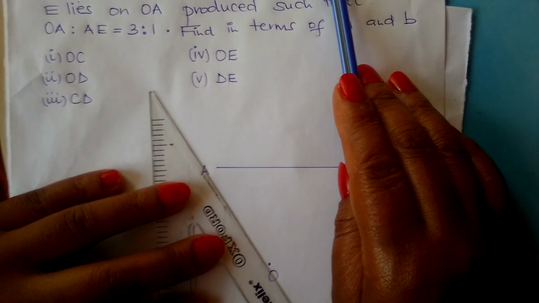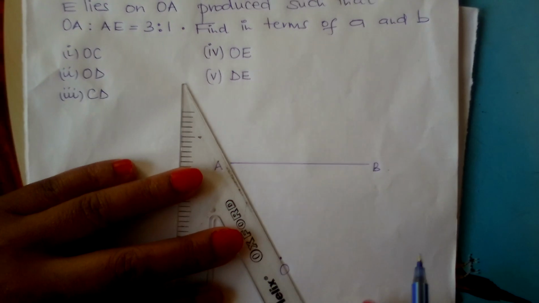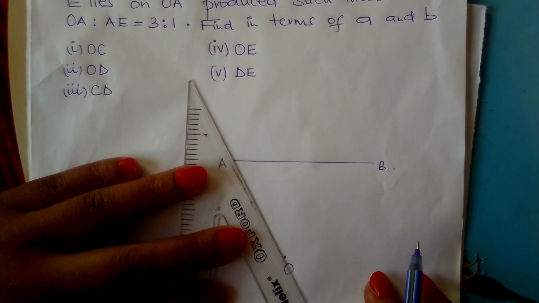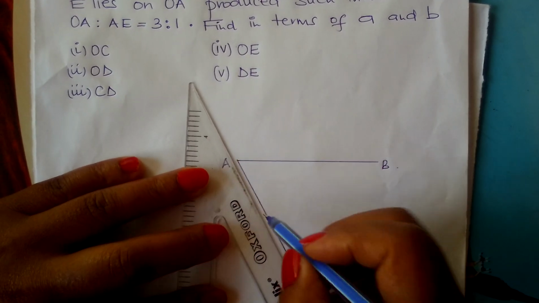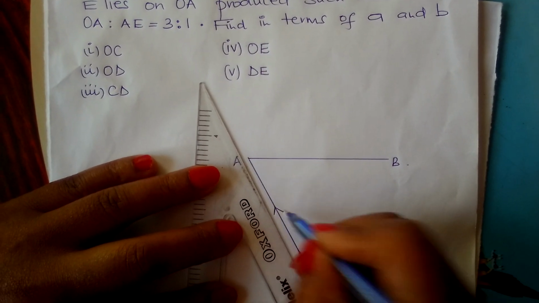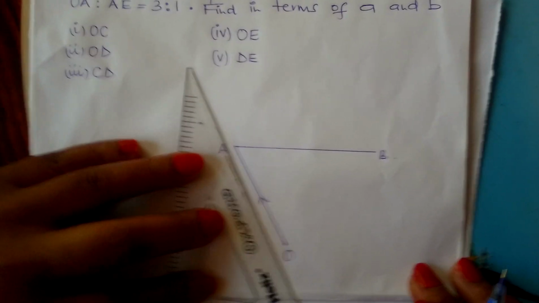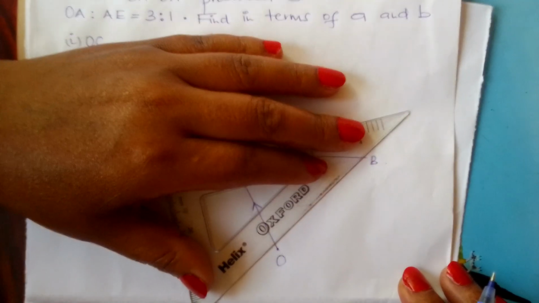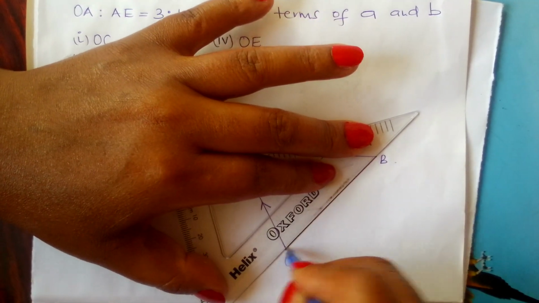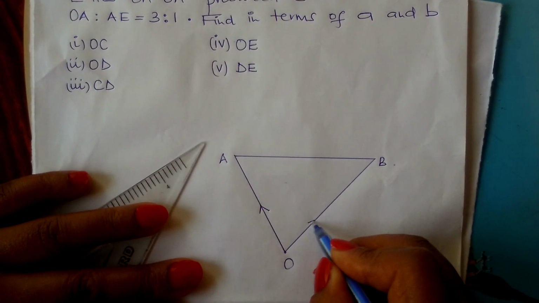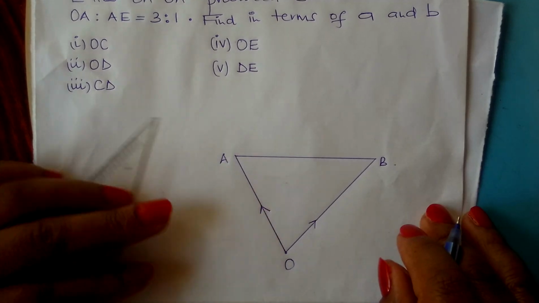Then you are told that OA is a. Put the vector here, OA. Look at this, vector OA is there. You put the arrow for the vector. And OB is small b. Come here, learner, and put your vector OB, and its arrow is there.